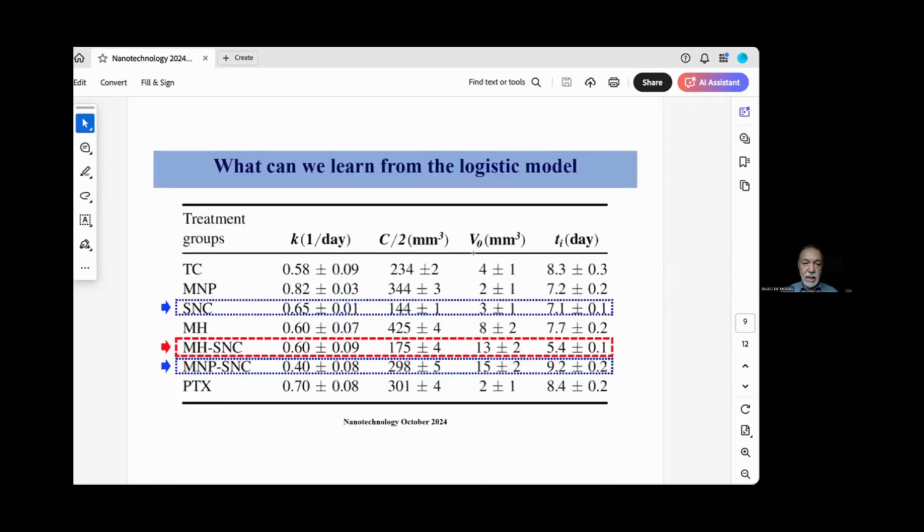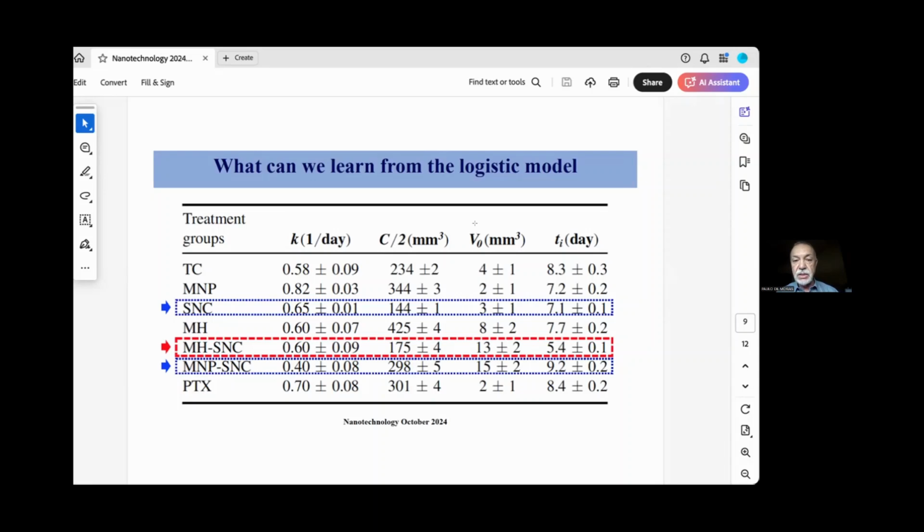Okay, so I can collect in this table the important points. K is a typical constant that is related to the growth rate of the tumor volume. And C is the carrying capacity, which means the final volume of the tumor growth, so it is the asymptotic value of the tumor.